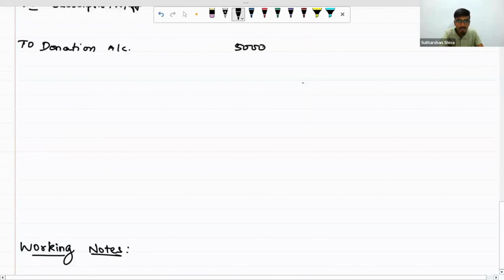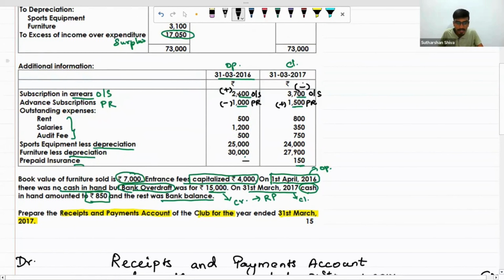But here also one more important thing you need to focus on: entrance fees. Whenever entrance fees is capitalized, we will show it in the balance sheet. Here we are preparing receipts and payments. Whatever we receive for current year or next year, capital or revenue, any item.